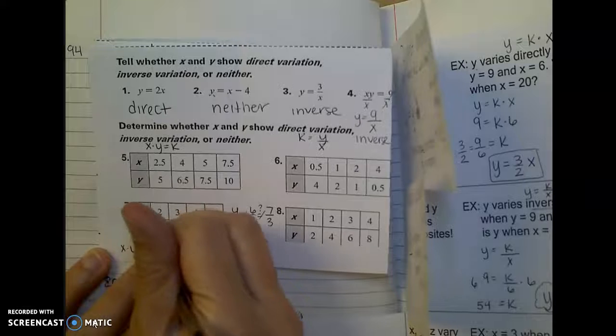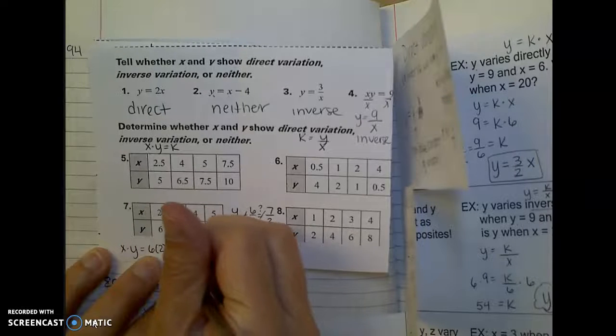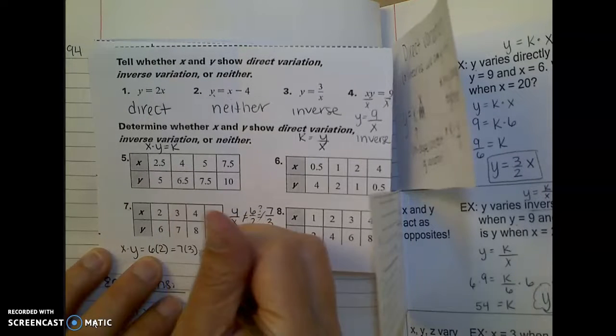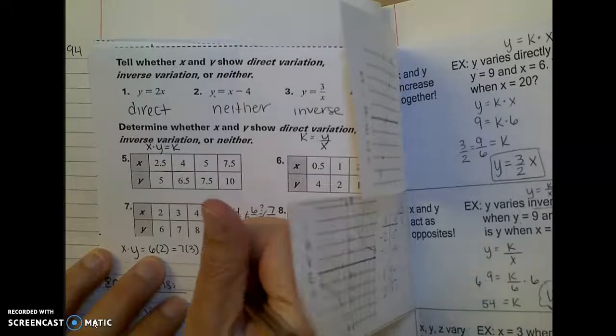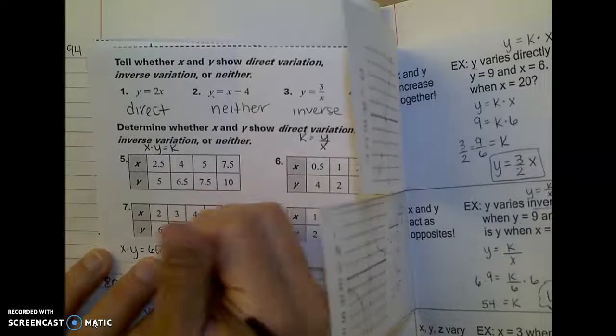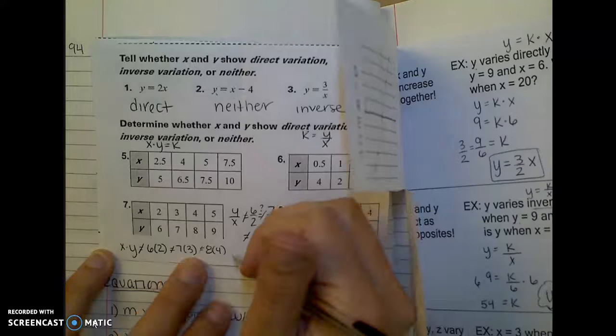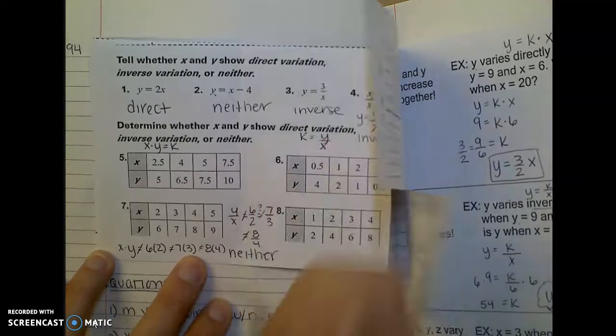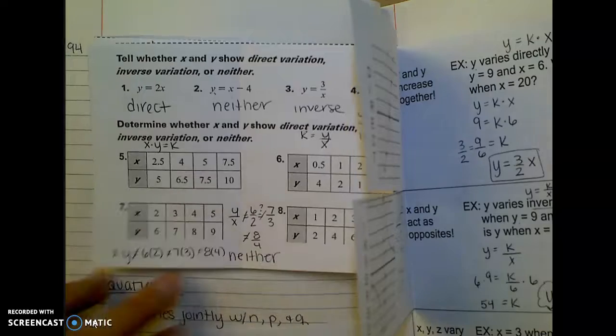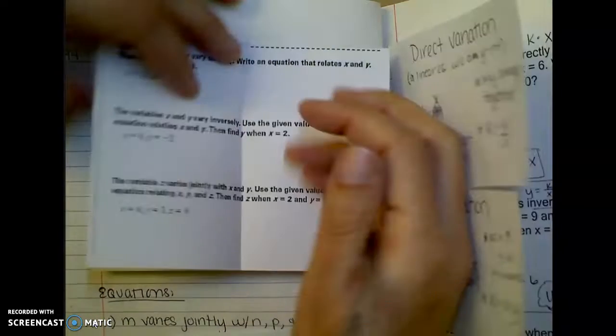So is 6 times 2 the same as 7 times 3? Which is the same as 8 times 4? And again, I feel like I already know my answer. Those things are not the same. So it's not inverse. So that is neither. Okay, and we can try some more of these tomorrow together in class also, if you're not quite sure.